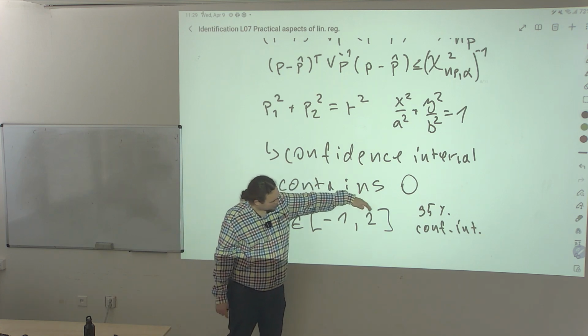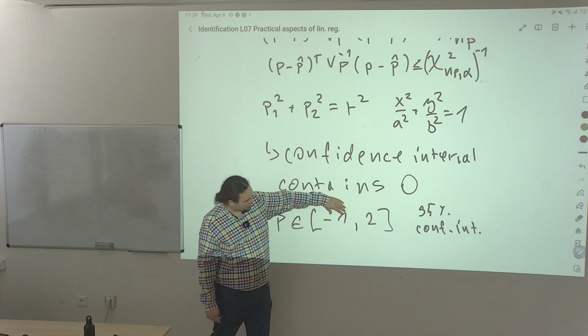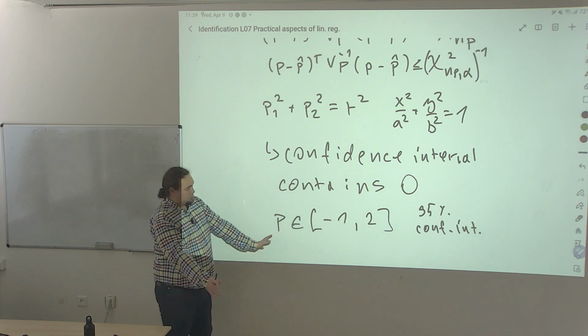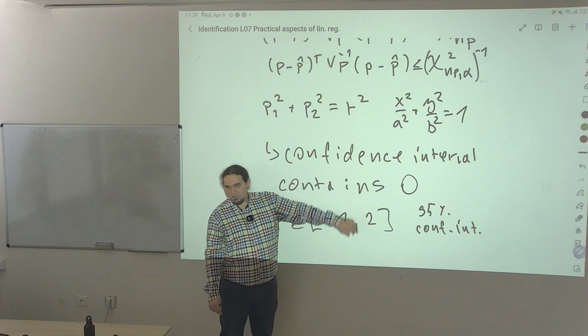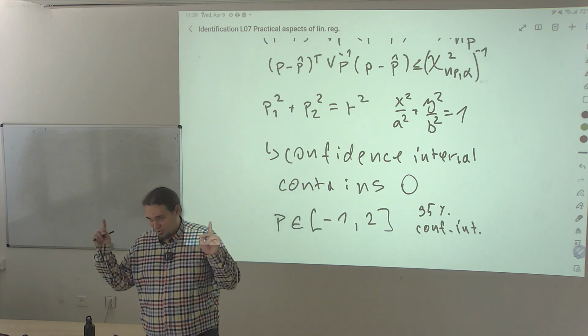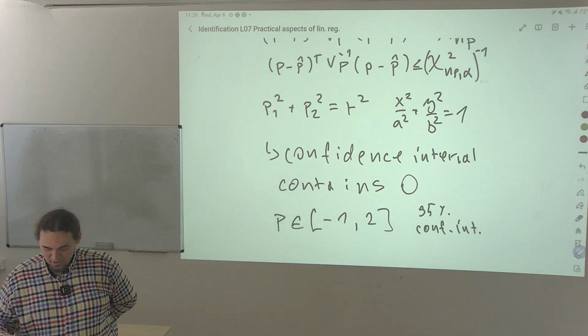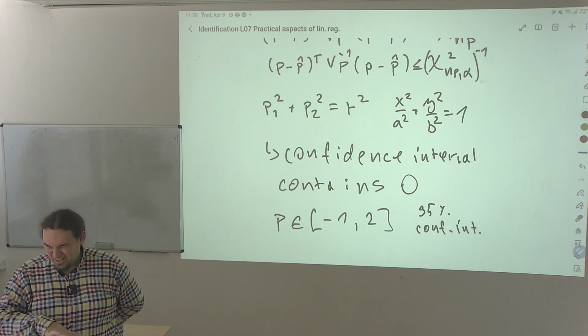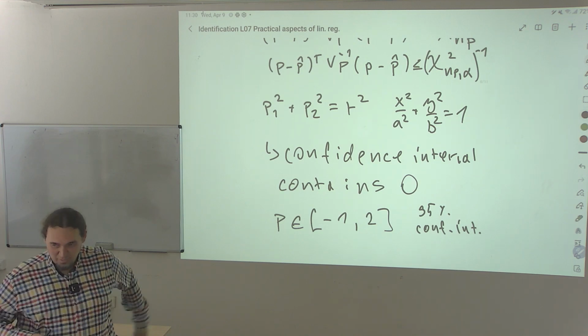All the values between -1 and 2 are 95% probable, so also is the 0. So you should start thinking, can my model live without this parameter?